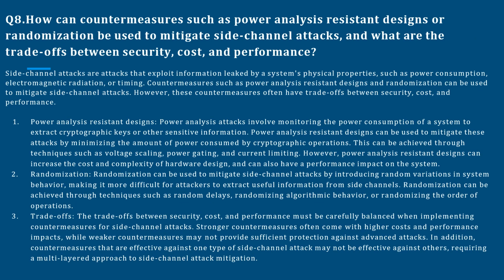Eighth question is, how can countermeasures such as power analysis resistant designs or randomization be used to mitigate side channel attacks, and what are the trade-offs between security, cost, and performance? Side channel attacks are attacks that exploit information leaked by a system's physical properties such as power consumption, electromagnetic radiation, or timing.